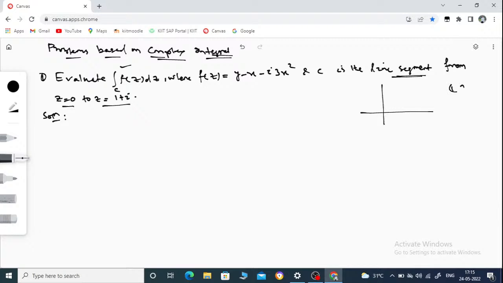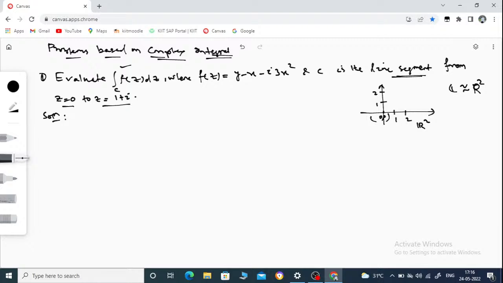Here C lies in R square. Let this be R2, and z equal to 0 means this is the point (0, 0). And z equal to 1 plus i means, suppose on the real axis this is 1, this is 2, and on the imaginary axis this is 1 and 2.